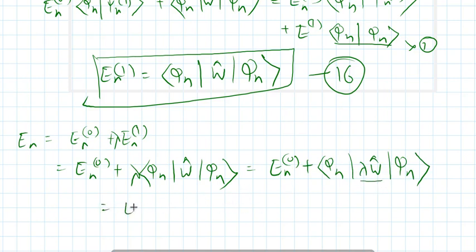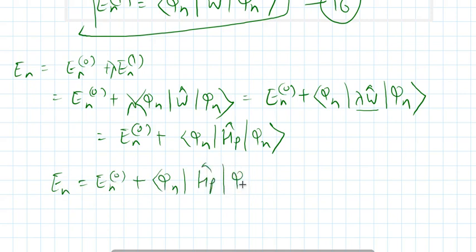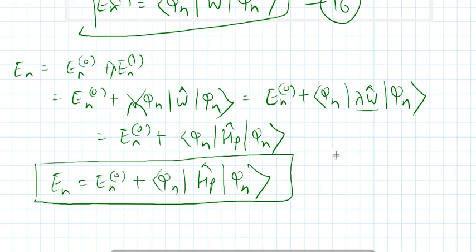So it is En0 plus phi n HP phi n. So I can sum up the result as En is equal to En0 plus phi n HP phi n, right? This is the eigenvalue of energy with first order correction term.